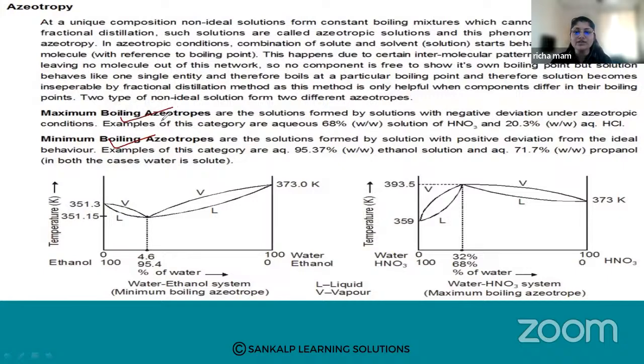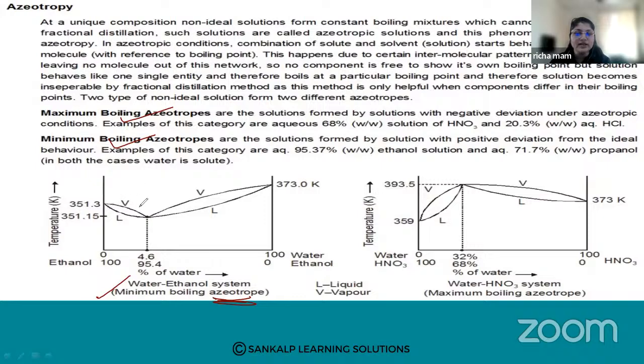Now we are going to discuss what we mean by minimum boiling azeotrope and what is meant by maximum boiling azeotrope. What do you mean by minimum boiling azeotrope? You can see this is a graph of minimum boiling azeotrope. The solutions which show large positive deviation from Raoult's law.